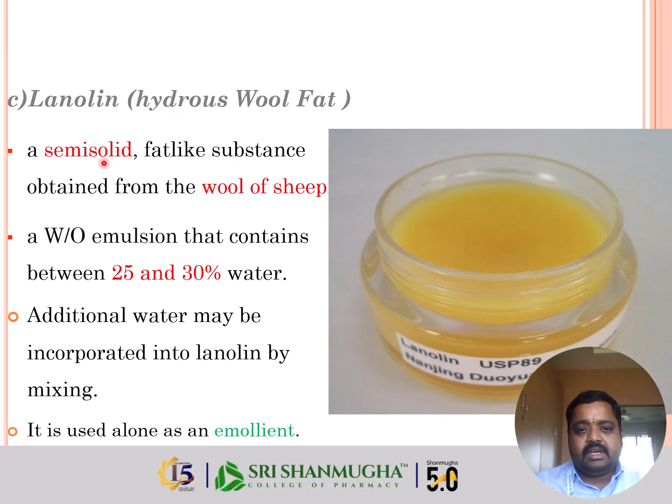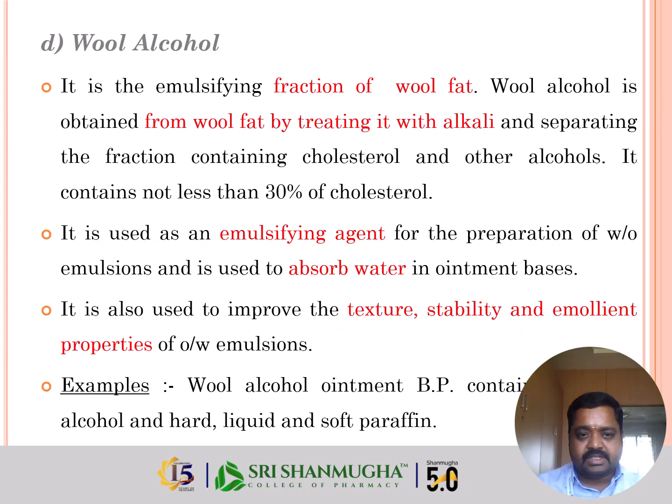The third one is lanolin, also called hydrous wool fat. The characteristics and use of each base are shown here, along with the basic details of the product or excipient to be used as base. The fourth one is wool alcohol.